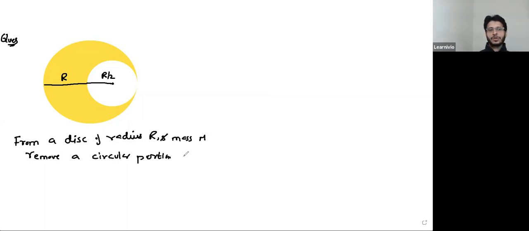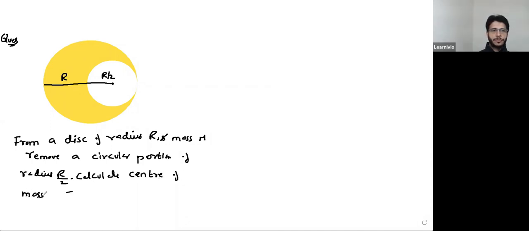Calculate the center of mass of the remaining disk. We need to calculate the center of mass of the remaining disk.